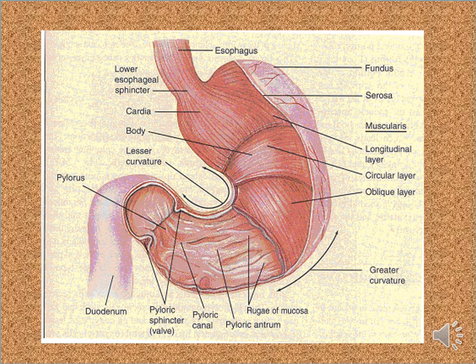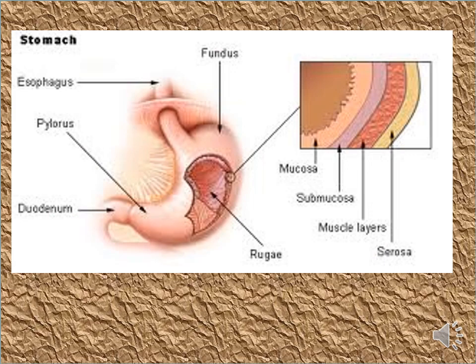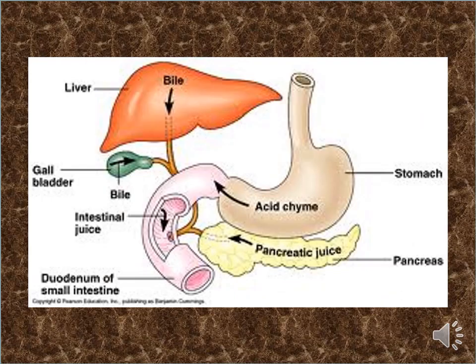This is the structure, and we have many glands within the mucosa of the stomach that secrete enzymes and HCl to digest the food. This figure shows the cross section through the layers of the stomach, from the lumen of the stomach to the mucosa, the submucosal layer, the muscular layer and the serous membrane.